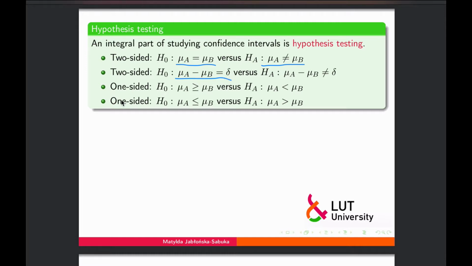In the one-sided cases, we are looking for explicit comparison whether something is greater than the other one or smaller than the other one. So actually in here, if we think of two-sided case, you could actually be just verifying whether the new treatment brings no results to the patient when compared with the old treatment. And in here, you would actually be looking for improvement.